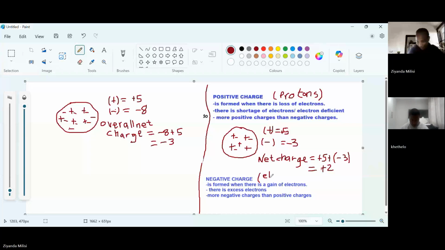They are found inside the nucleus, the positives, protons. Hence, they are stuck there. They are unable to move. But negative charges, we call them electrons, and they are found outside the nucleus and they orbit, they move around the nucleus.